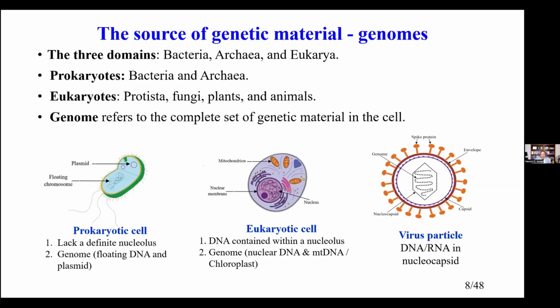In the case of prokaryotes, they don't have a definite nucleus, and we find the genome, the complete set of DNA molecules in the cells, floating in the cytoplasm. But in the case of eukaryotes, we find a nucleus with a nuclear membrane, and inside this nucleus we find different chromosomes, the DNA.